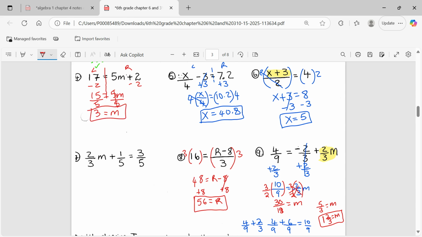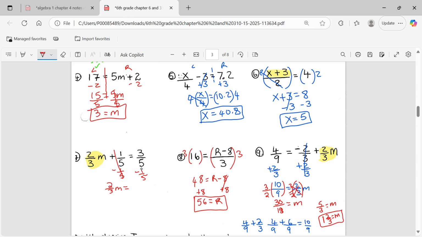Now let's look at number 7, and we'll be done. It is a fraction, but don't let the fraction scare you. Same process. The negative 2/3 is with the m, so the 1/5 has to go first. I would subtract 1/5 on both sides, bringing it with the number because they are like terms. And now I have 2/3 m, and that's equal to 3/5 plus 1/5.